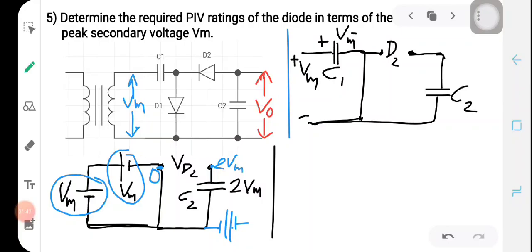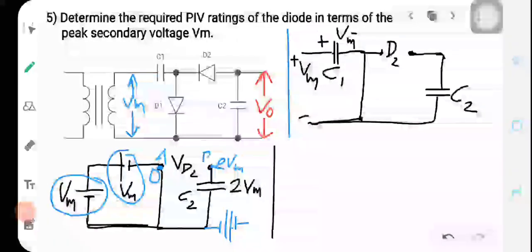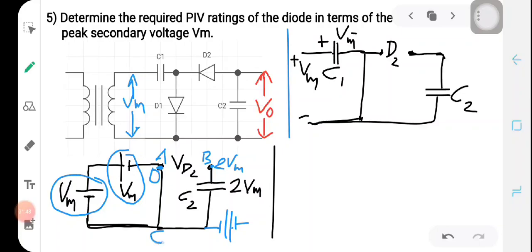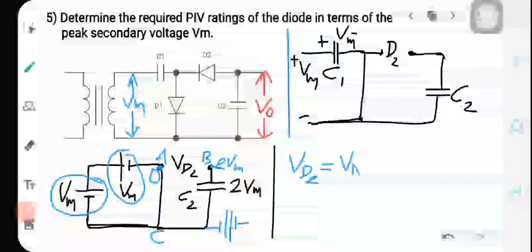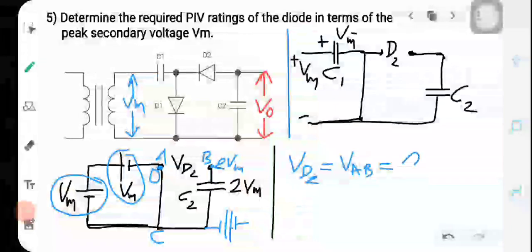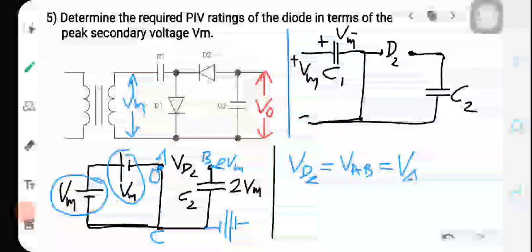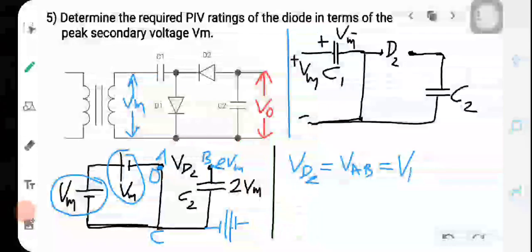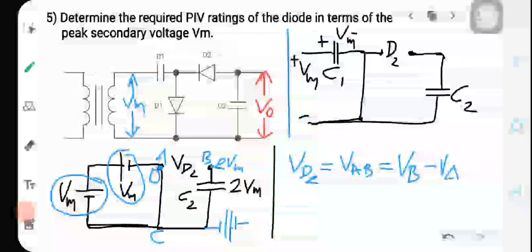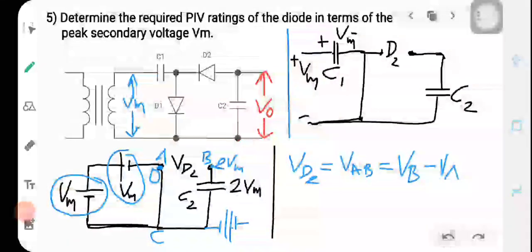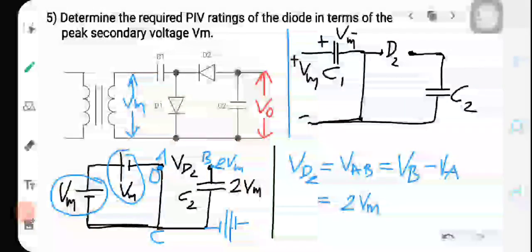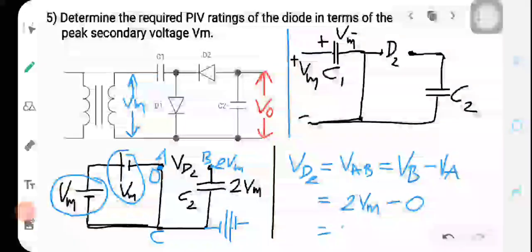Suppose I call this node A, this node B and this node C. The voltage across the diode D2 will be equal to the voltage across AB, which is the voltage at B minus the voltage at A, which is equal to 2 Vm minus 0, which is equal to 2 Vm.